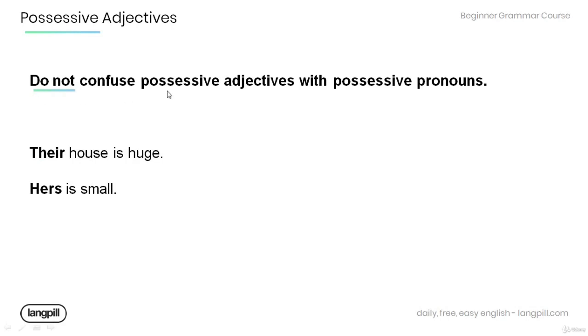Remember not to confuse possessive adjectives with possessive pronouns. Read the following sentences and decide whether the words in bold are possessive adjectives or possessive pronouns. Their house is huge.